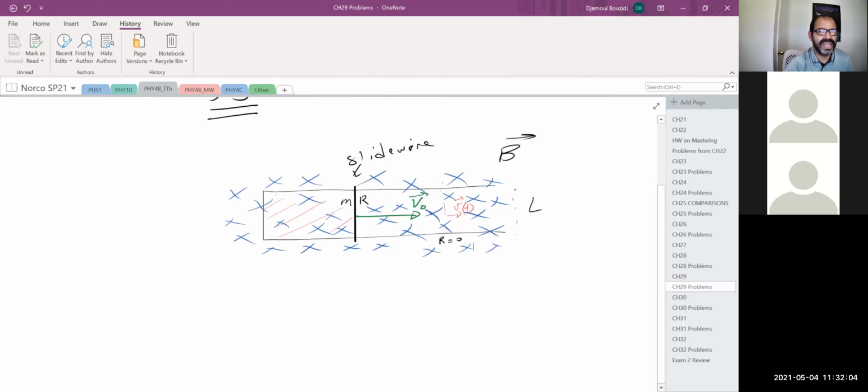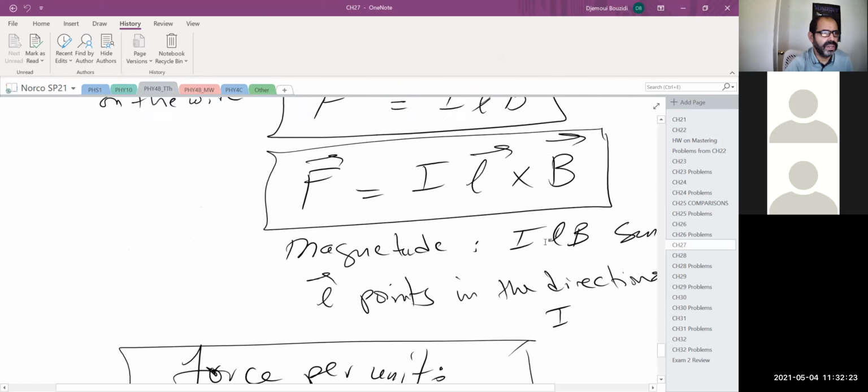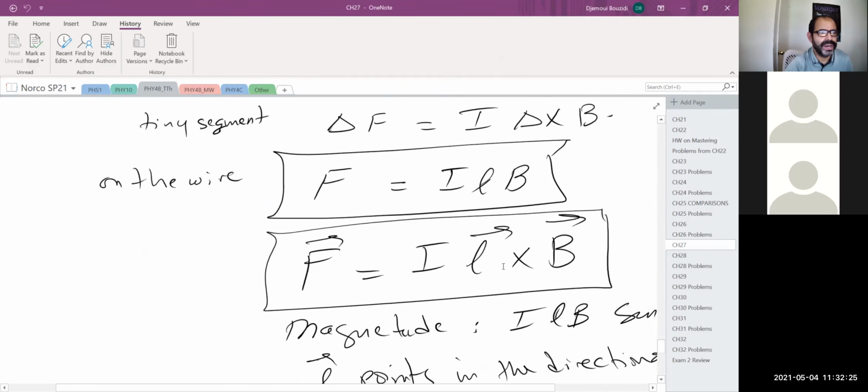That involves chapters 27, chapters everywhere, okay? This chapter also. So the first thing that we need to do in order to find the force is find the current that is flowing through this wire. If we find the current that is flowing through this wire, then we're going to use chapter 27, where we found the force on a wire that is carrying a current, this expression.